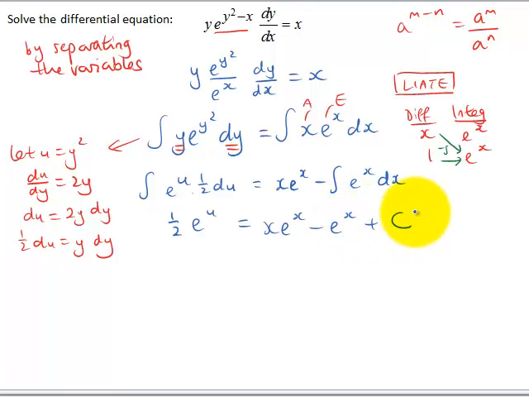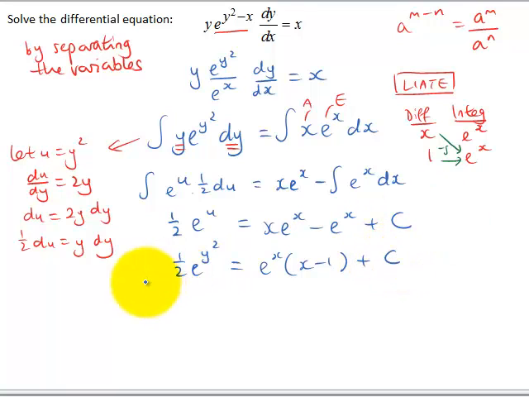Now we're not done because we used substitution for u and we need to now sub back y squared. So I have half y squared on this side, and on the right hand side I can see e to the x is a common factor. I can actually take out the common factor.